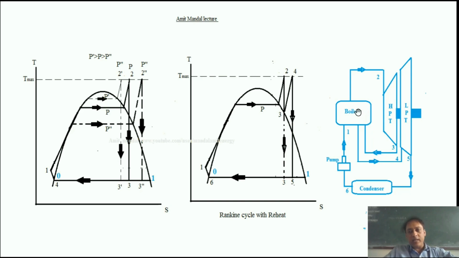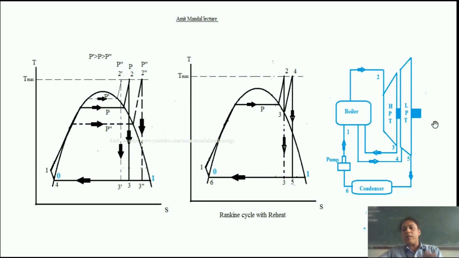Over there, heat is added so that it is again superheated and the dryness fraction could be 1. Then the steam comes out and expands in a low pressure turbine. After performing its job, it comes out from this low pressure turbine, the LPT, and then goes to the condenser, pump and then back to the boiler.